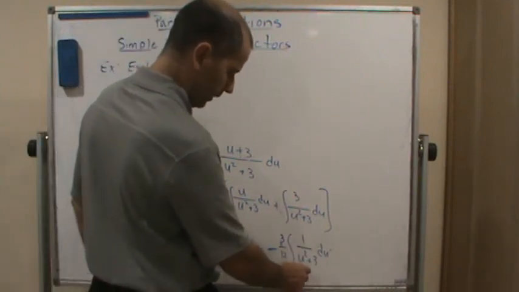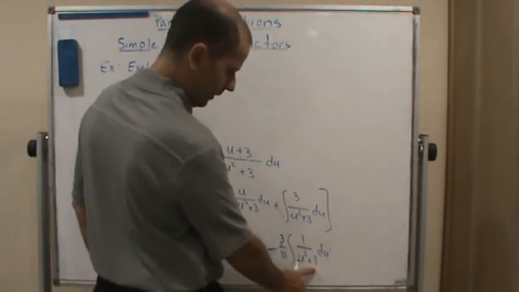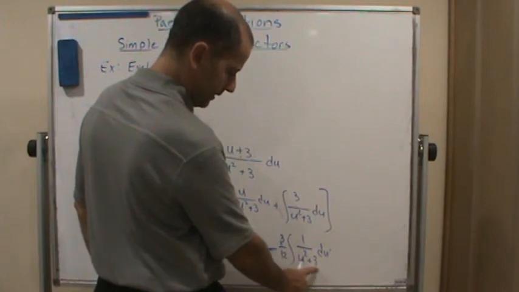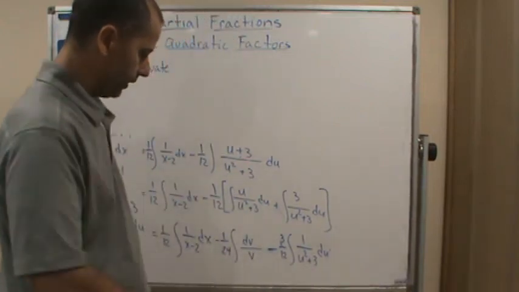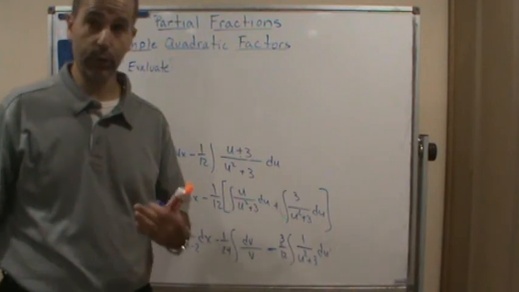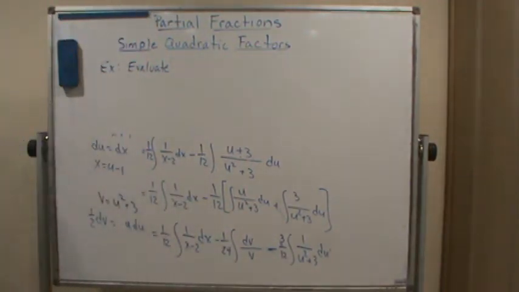The integral of this is going to be an inverse tangent, but remember, this is a squared, which means a is equal to the square root of 3 in this case, okay? So that means you're going to get a square root of 3 in the denominator. Remember, it's going to be 1 over a.